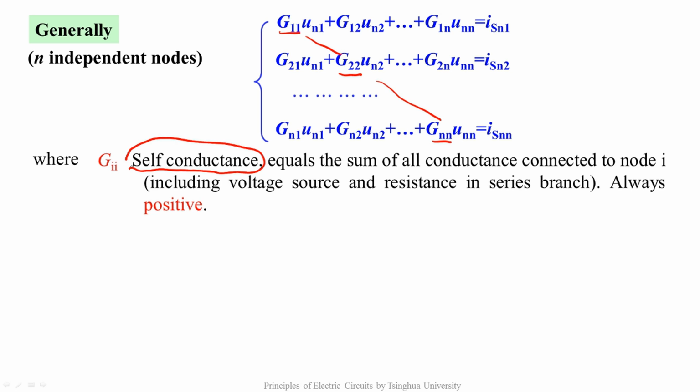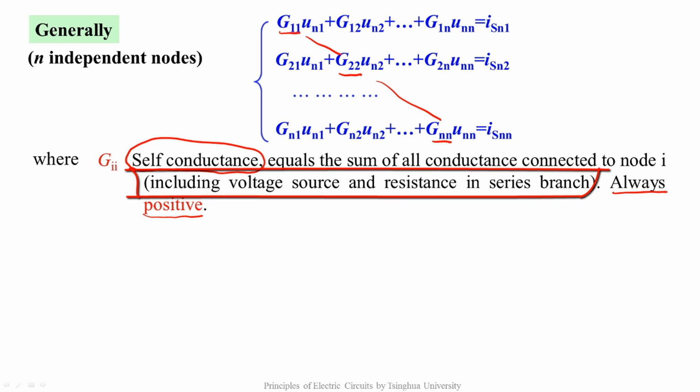The self-conductance is equal to the sum of all the conductances connected to node i. It is always a positive value. For the case including a voltage source and resistance in a series branch, we will explain it in detail in the next video.